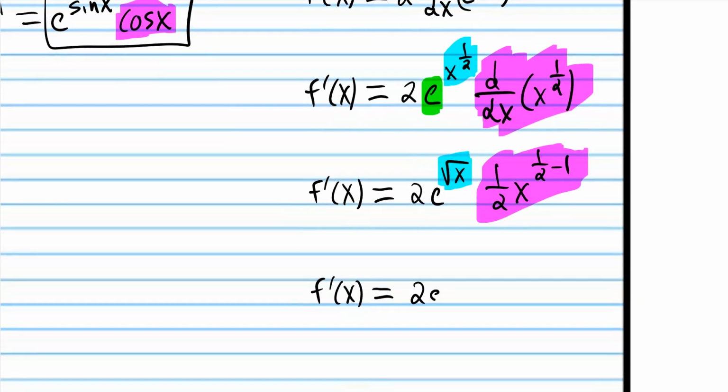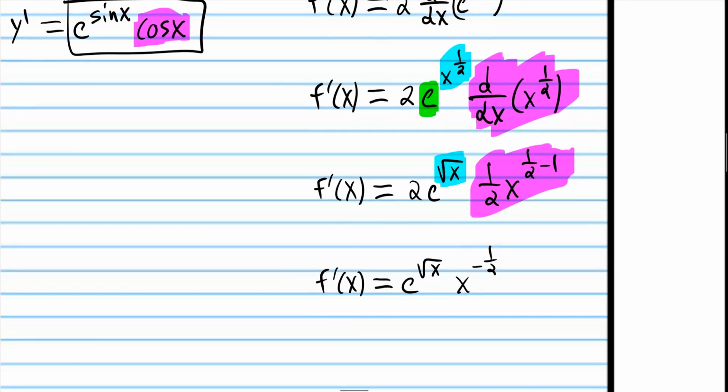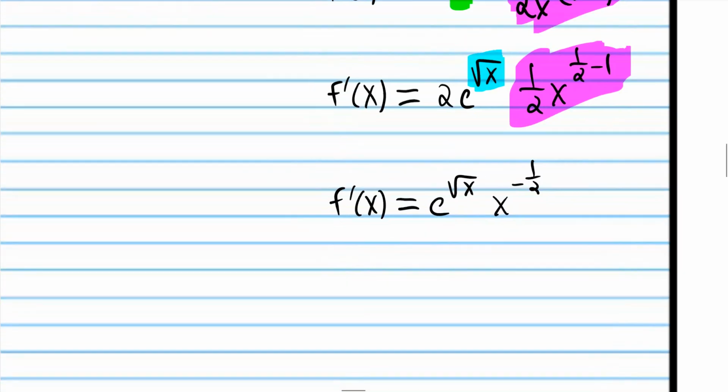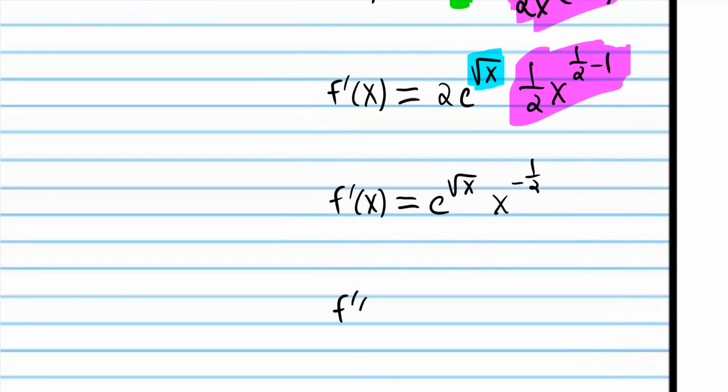And so then we have e to the root x, and then x to the negative 1/2 power. But remember, we can't leave our answer with a negative exponent, and we can't leave our answer with a fraction exponent.